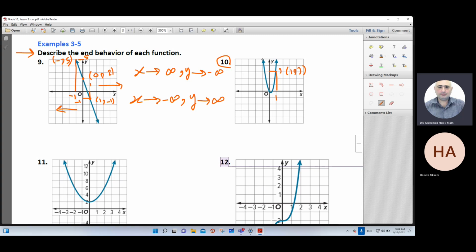And if you take this point, as you see here, we have -1, and in the y, 1, 2, 3, 4, 5, means we have (-1, 5). Right. If you take this point, (0, 0).